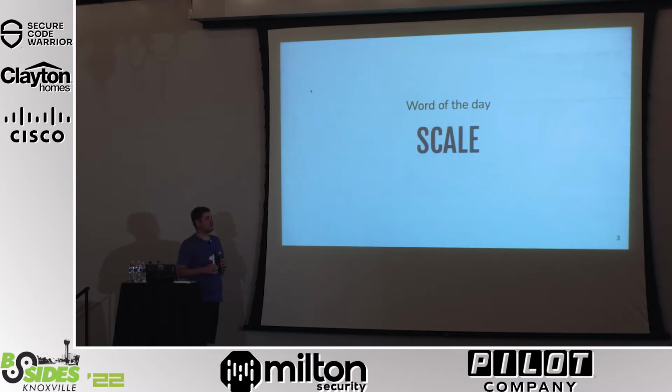Now, our word of the day is scale. And when it comes to talking about adversaries, especially adaptive adversaries, they're looking at having bigger impacts. So automating their actions, those types of things, that's really what they're trying to do day to day. And ultimately what I'm looking to give you all in this talk is not just a view of how you can do it, but also how to think about it, and give you some examples and a modular framework to work through so that you can pick an adversary that you care about.